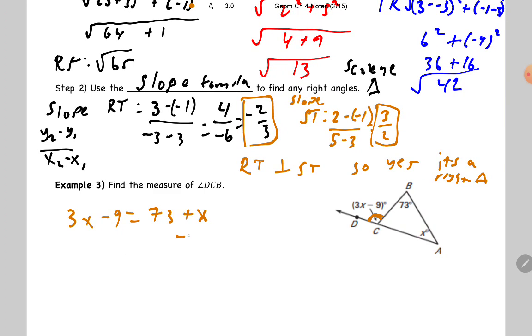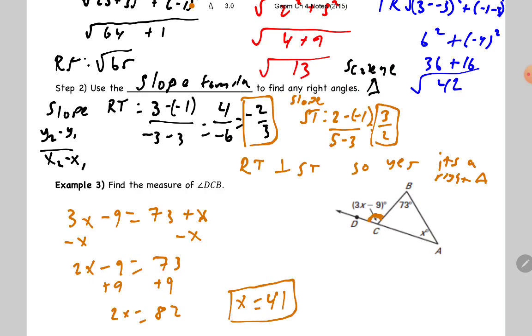Okay, and now we have an algebra problem. Subtract x from both sides, get 2x minus 9 equals 73. And then add 9 to get 2x equals 82. So x, when you divide both sides by 2, is 41. But that's not my answer. That is just x.